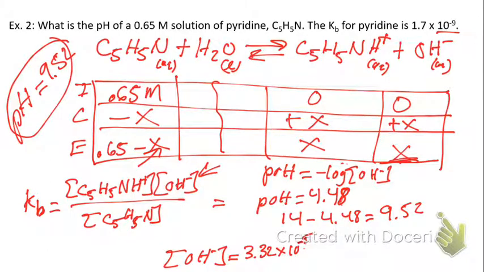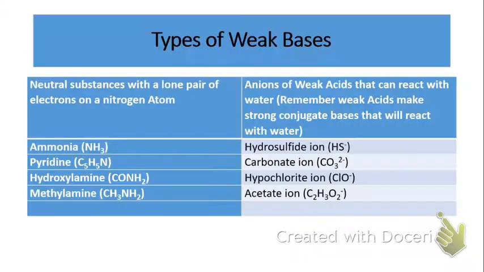There we go. So again, these are not overly difficult types of problems, but make sure you use an ICE box, plug it into the equilibrium expression, and there you go. All right, let's move on.